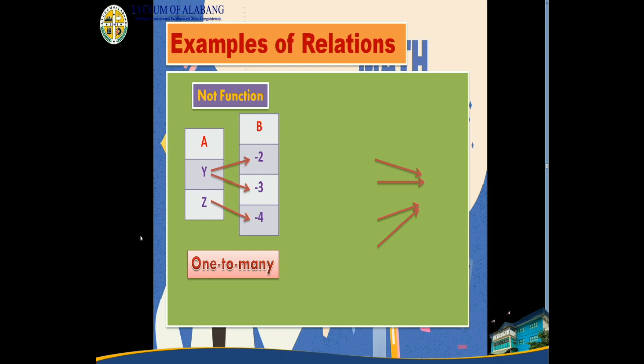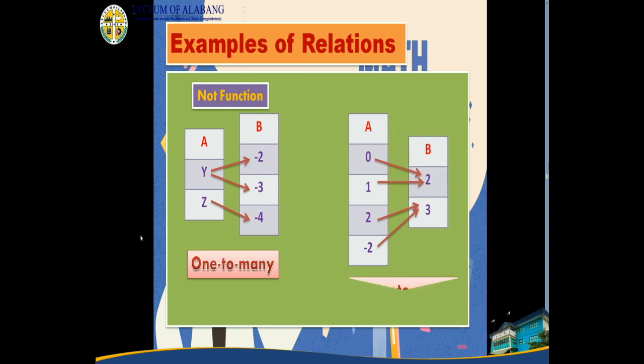Thus, this relation is absolutely not a function. And the last diagram is an example of many-to-many relation. We say, several elements in the domain have many elements in the range, and several elements in the range are associated with many elements in the domain.